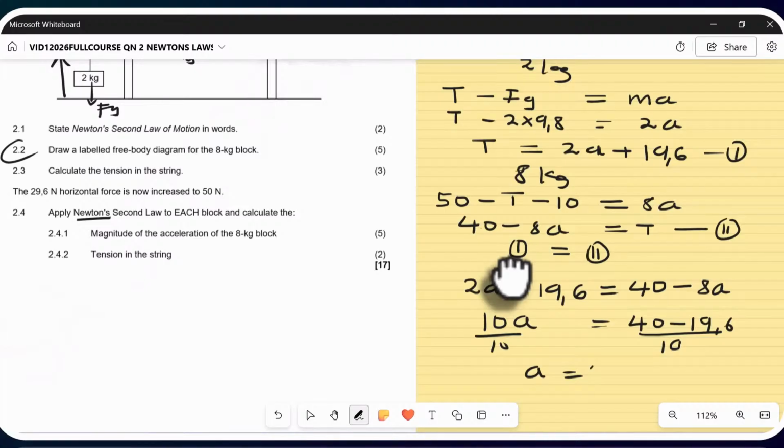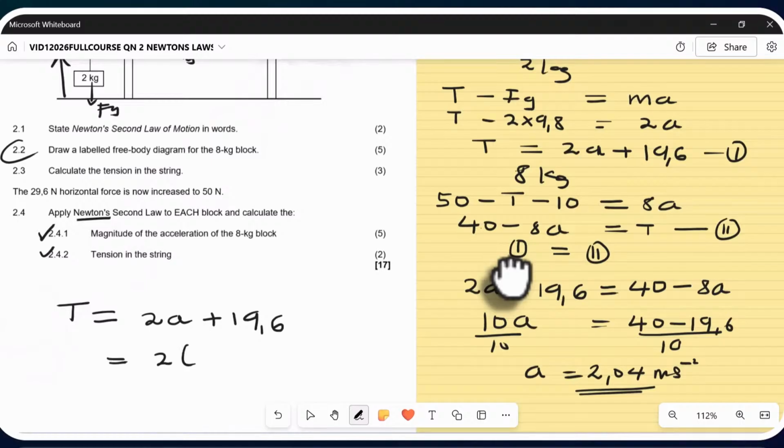And then they say finally, calculate the tension in the string. Now from our first equation, our tension T equals 2A plus 19,6. But we have the acceleration now, so we're going to say 2 multiplied by 2,04, then plus 19,6.